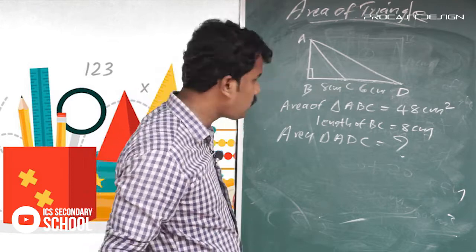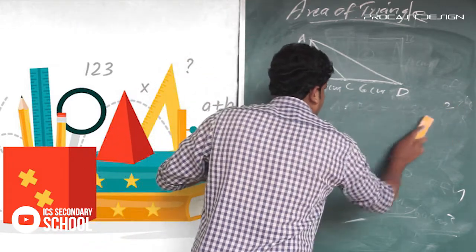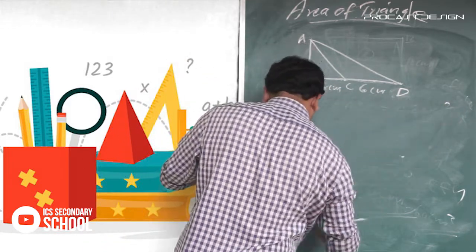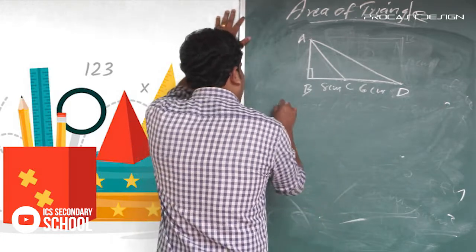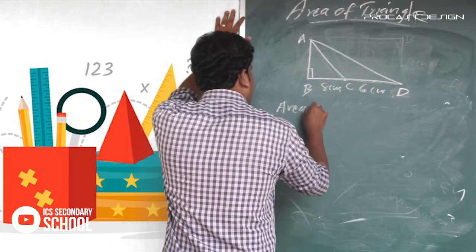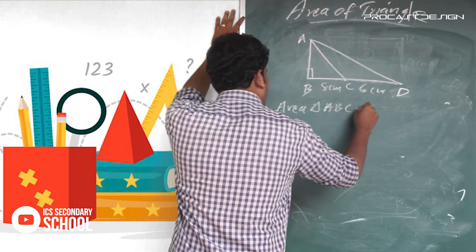First we have been given the area of triangle ABC, 48.